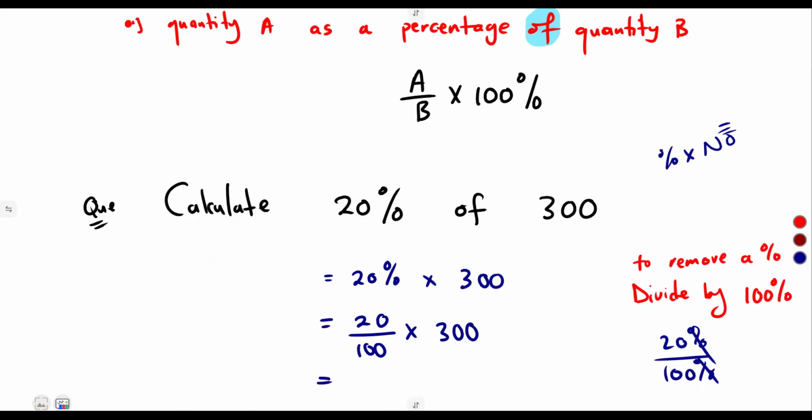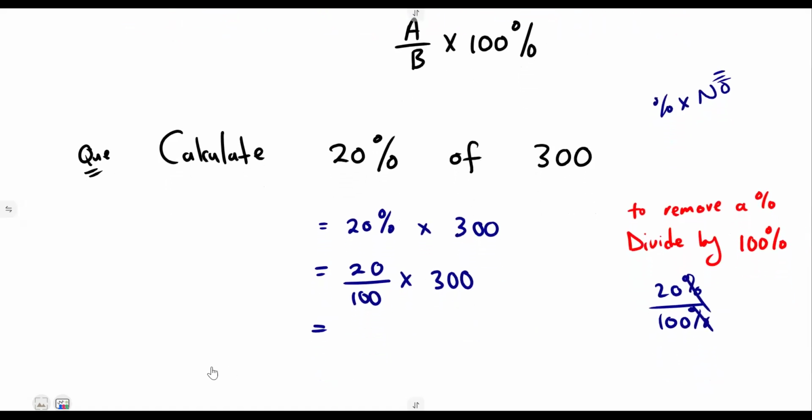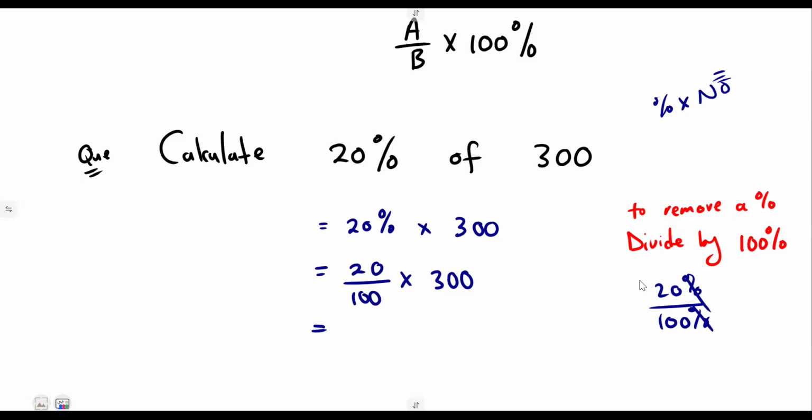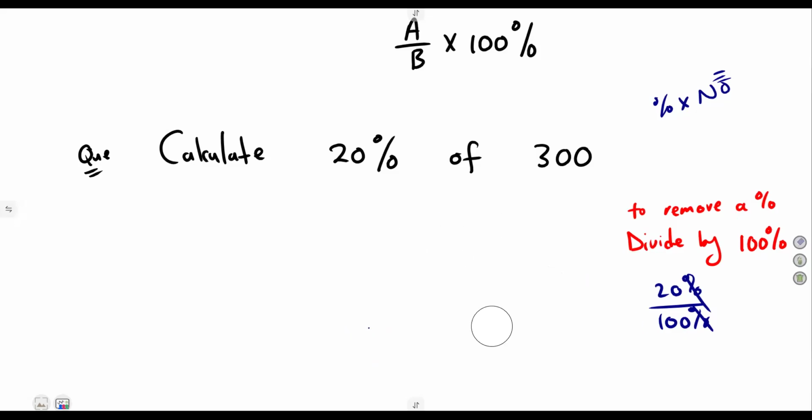So this is it. That is 20% of 300, meaning to say we do not have a percentage on our answer. 20 over 100, then we multiply by 300. This is equivalent to 60. So that is how you can answer such typical questions. Get rid of the percentage. Simply divide by 100%.